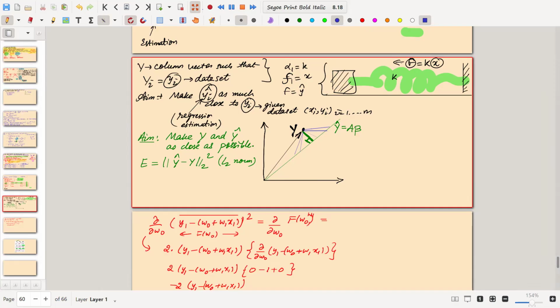Agree? Now y and y cap are vectors. How can we write this perpendicular condition? We understood that we have to take the perpendicular, but how can we give a condition to it? Use your vector knowledge.